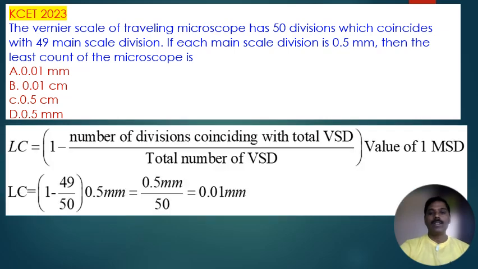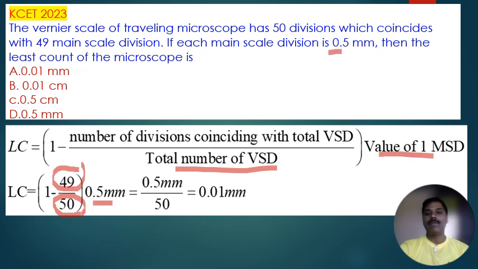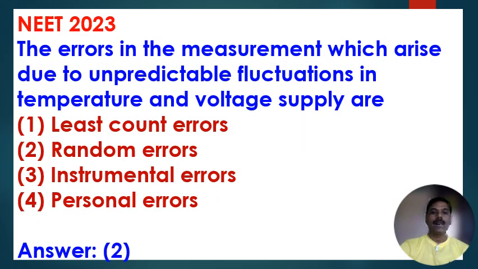So the least count of a traveling microscope can be calculated using a relation given here: 1 minus the number of divisions coinciding with the total vernier scale divisions. In the data it is given to be 49 and the total number of vernier scale divisions is 50. And the value of one main scale division is also given to be 0.5 millimeter. On substituting, you will get 0.01 millimeter. That is the answer for that question.